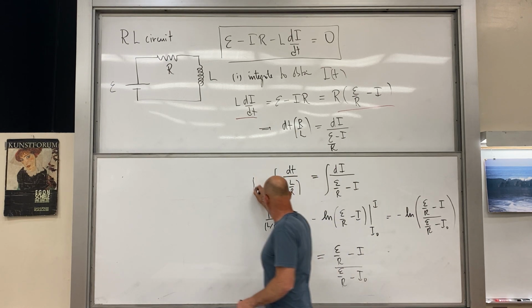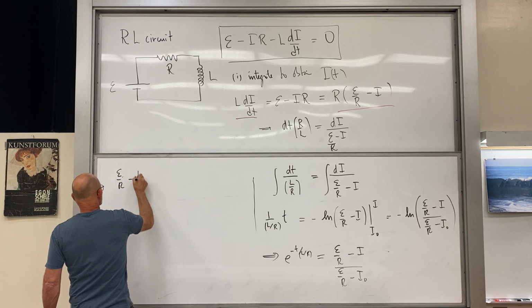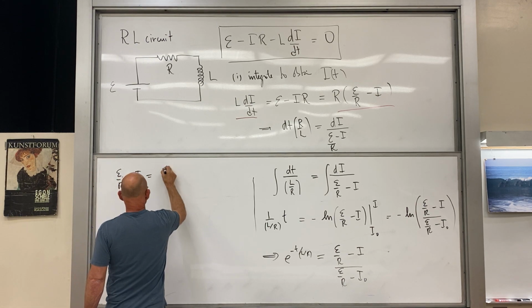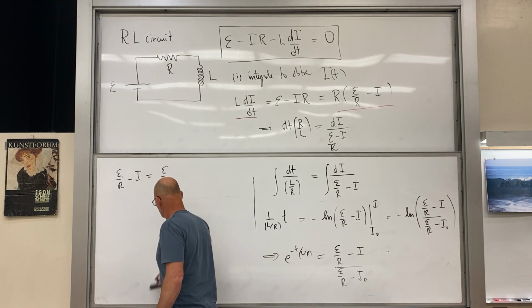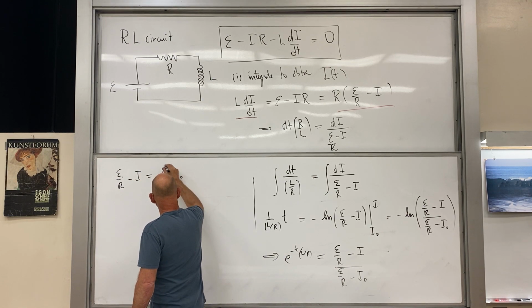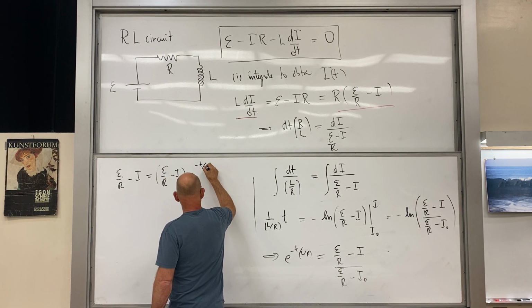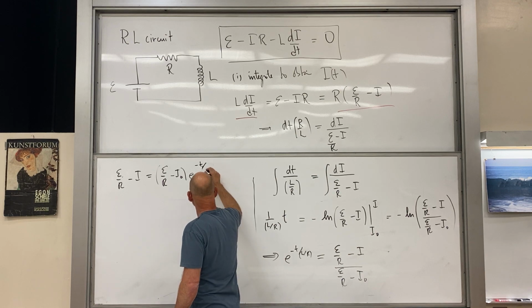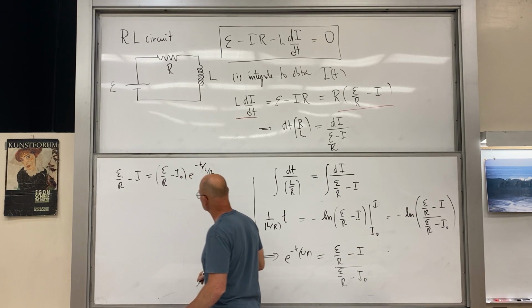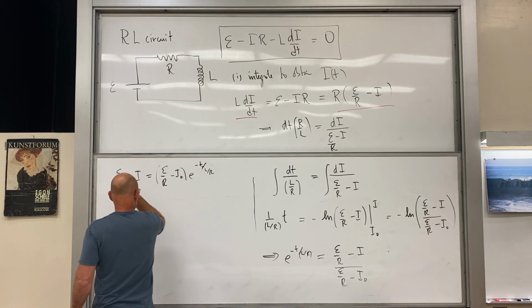So E over R minus I is equal to, not so fast, E over R minus I0 times e to the minus t over L over R. So finally solving for I.